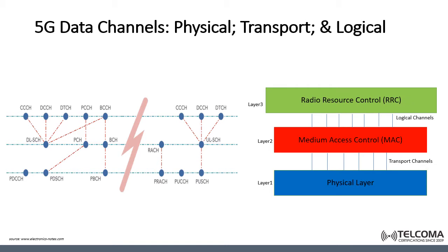So let's start with the 5G New Radio layered architecture and try to explain the different layers and what functions they are performing. First, we have the physical layer, and the physical layer is responsible to handle some functions.